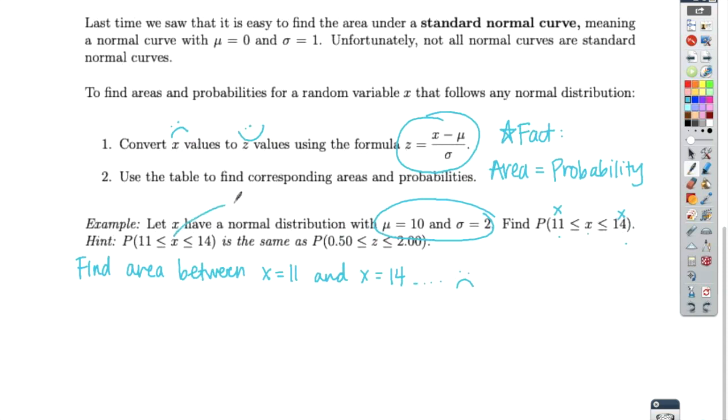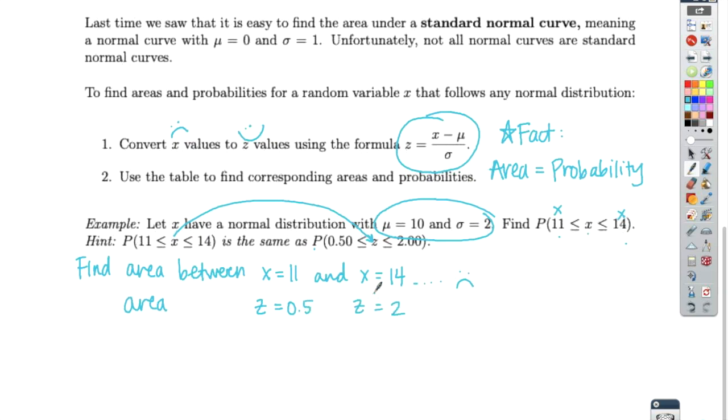I converted x to z, so now I write my inequality with z's. This tells me I can use that z table. I'm on the standard normal curve, our favorite one, because we have a table for it. Probability, area, tomato, tomato. So what I'm asking you now is to find the area between z equals 0.5 and z equals 2.